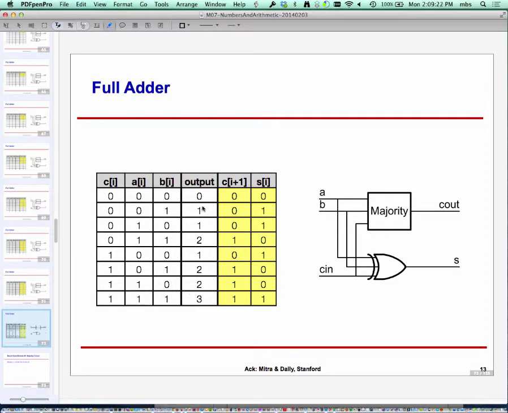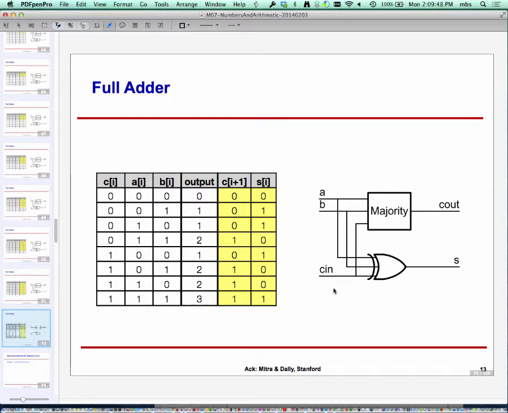The numeric value of the output is given here, and the binary representation is given here. So you would see 1 plus 1 plus 1 is 3, which is 1 and 1. The least significant bit goes right at the bit position we are trying to do the addition at, and this one corresponds to the next position. So it's the carry out.